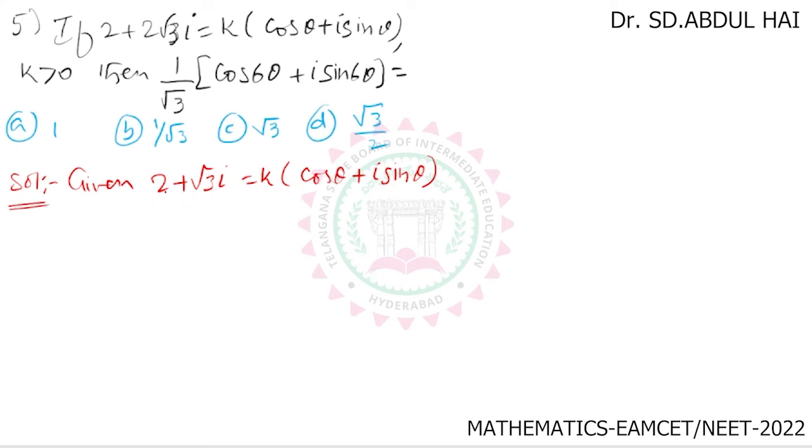So this is nothing but 2 plus, basically it is 2 plus 2 root 3, not only root 3.